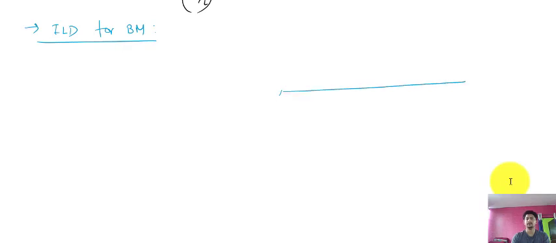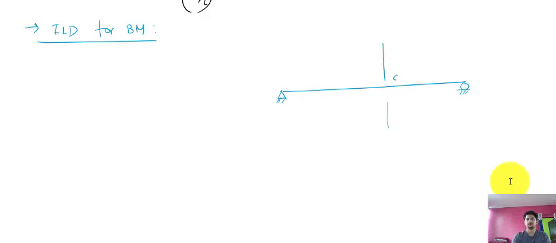Influence line diagram for bending moment. Again you need to consider the same example, a simply supported beam. This is the C section that I have cut at.